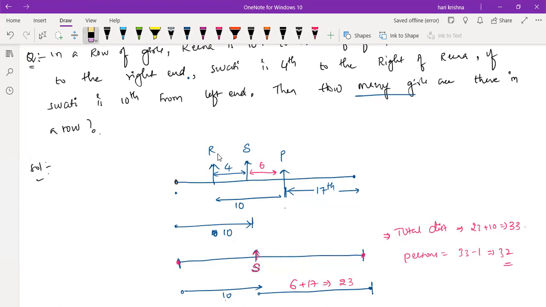Anyone has doubts? Still anyone has doubts? So the total number of persons is 32.